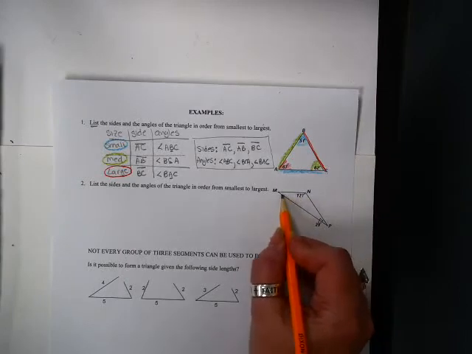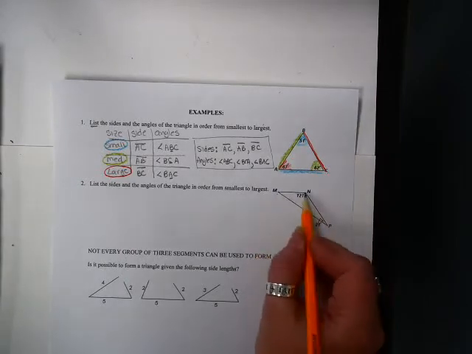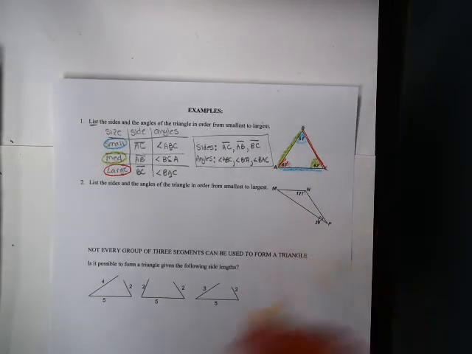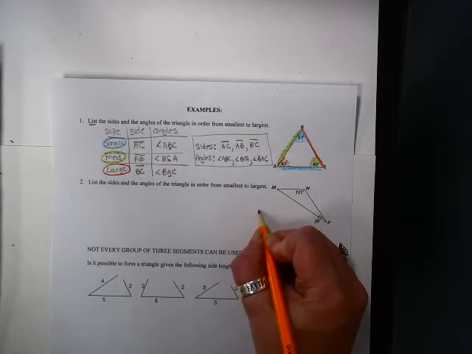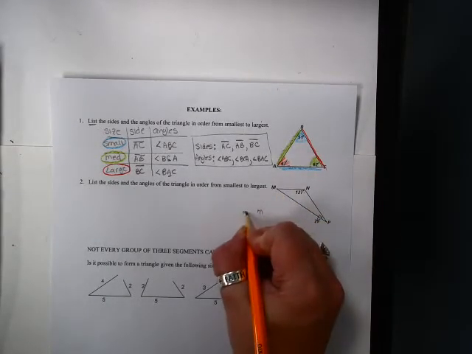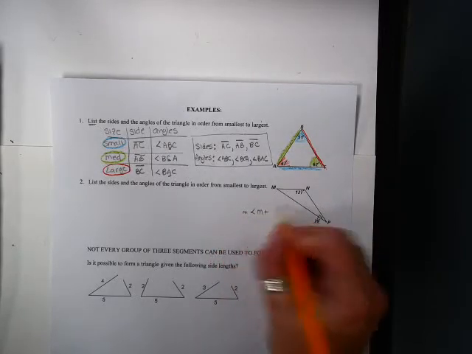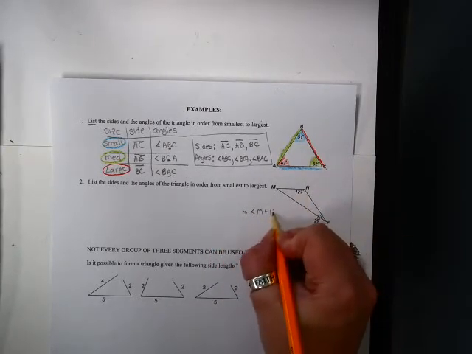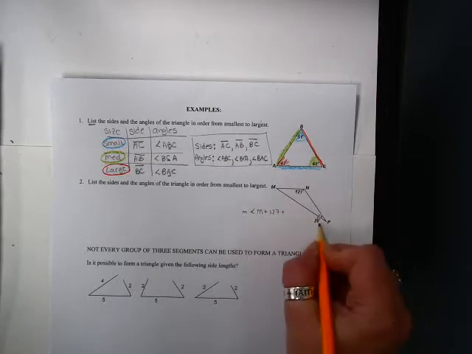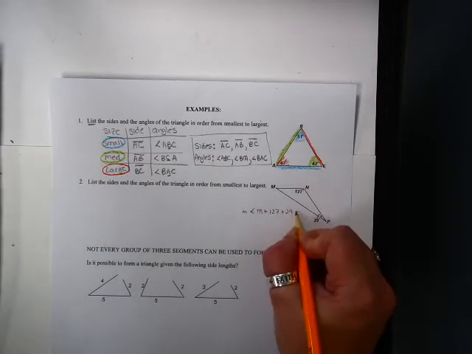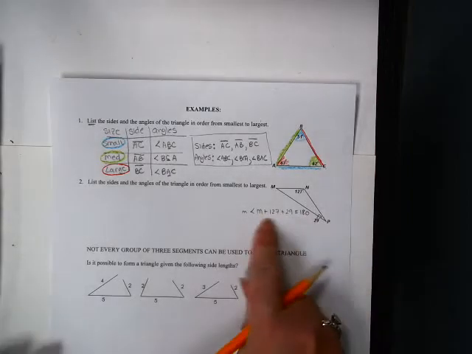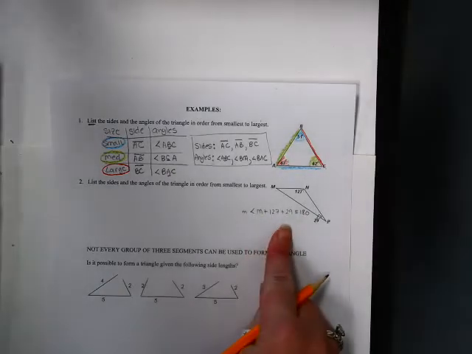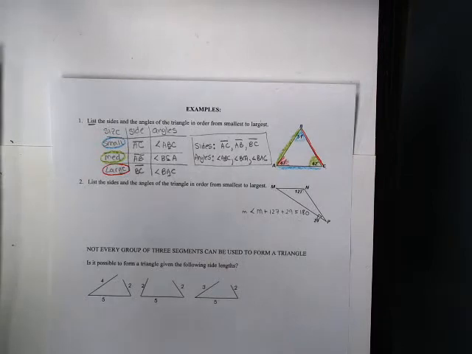Remember that all three angles add up to 180 degrees. So the measure of angle M plus this one here, which is 127, plus this one here, which is 29, have to add up to 180 degrees. You have to use your algebra skills to figure out the measure of the missing angle.